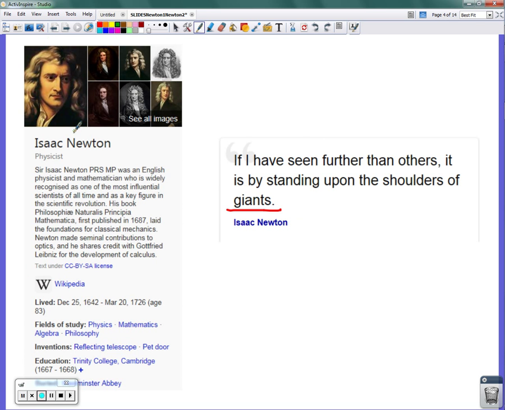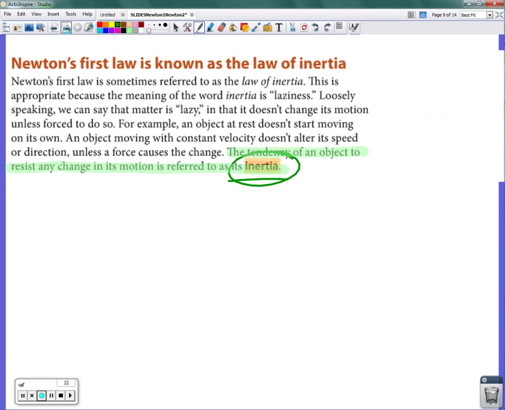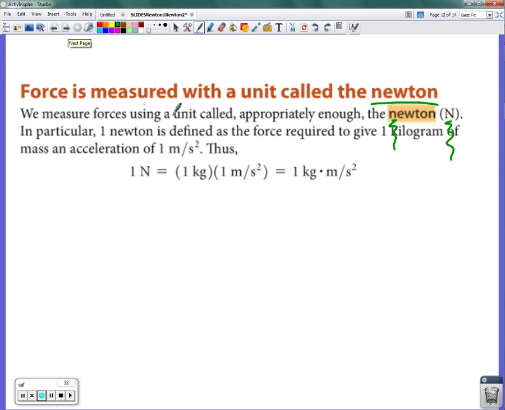Newton the guy is a capital N. So if we write the word Newton and we're talking about the guy, we capitalize the N. If we're talking about the unit newton, lowercase n. But when we symbolize or represent the unit newton, we use a capital N. I know it's confusing, but you'll deal with it.